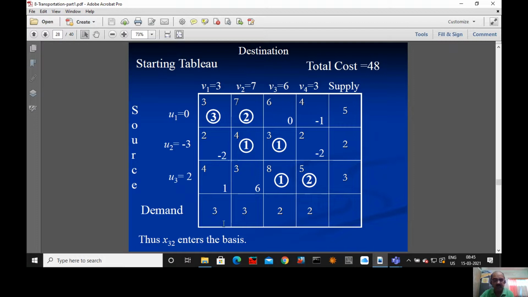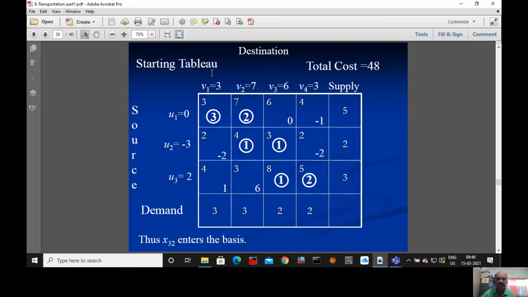At the first demand point, the requirement is 3 units. At the second demand point, the requirement is 3 units. The third demand point requires 2 units, and the fourth demand point requires 2 units. Altogether 10 units. So the supply is 10 units and the requirement is 10 units. So it is a balanced transportation problem.